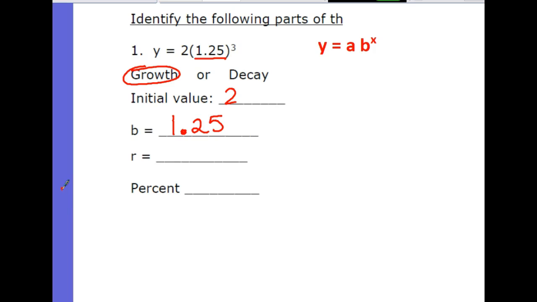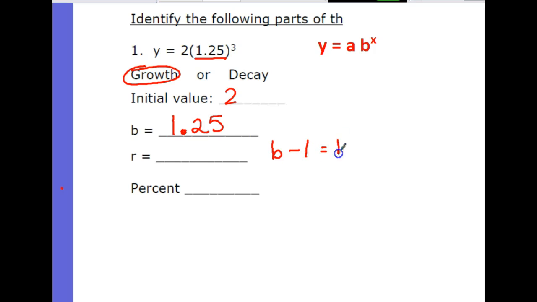That's the base number. The rate is a decimal number. Now, we always are comparing to one whole, 100%. We're always comparing whether it's getting more than 1 or less than 1. So to find the rate, it's b subtract 1.